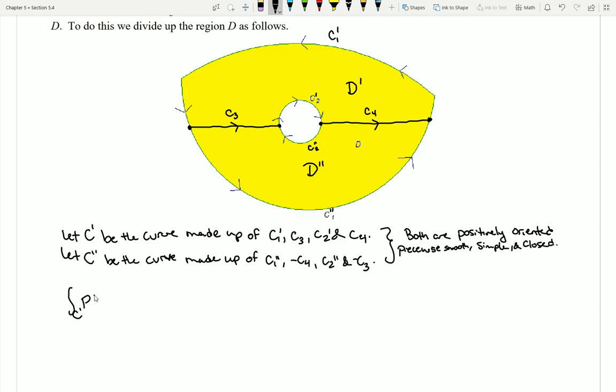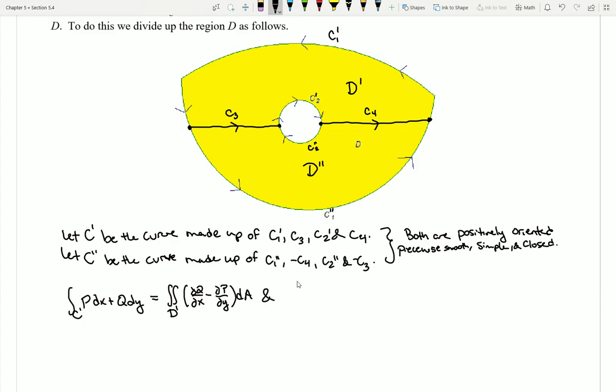I know that if I do my line integral over C prime of P dx plus Q dy, by Green's theorem, this would be equal to a double integral over D prime of the partial of Q with respect to x minus the partial of P with respect to y, dA.